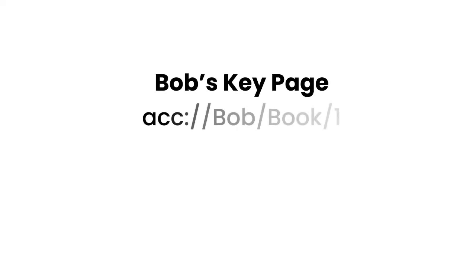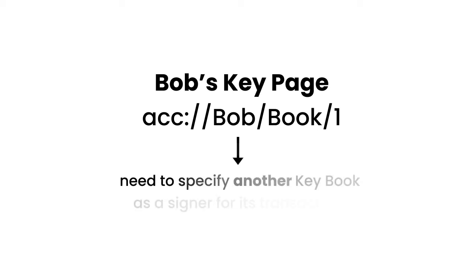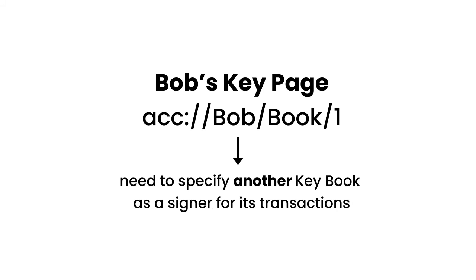sign transactions. So up until this point, we've only been describing a remote authority, not a delegate or a delegated transaction. To make it into a delegated transaction, Bob's key page, which is Bob/book/1, would need to specify another keybook as a signer for its transactions. This keybook could be Bob/book2 or say Charlie/book.